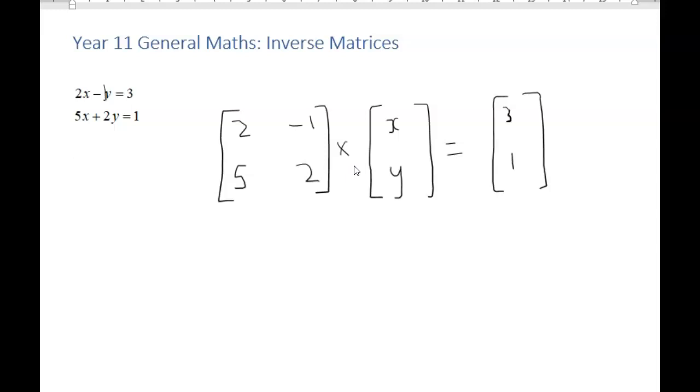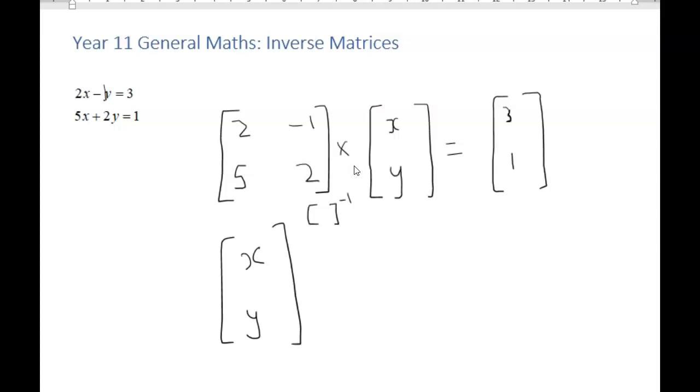And the way we do that is usually by multiplying by the inverse. So we've got to take this first matrix. If we want to get x and y on their own, we multiply this matrix by its inverse. And I might just put that down here. So we're multiplying it by its inverse.